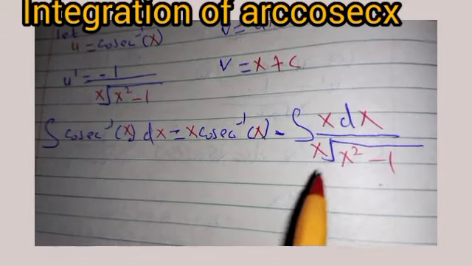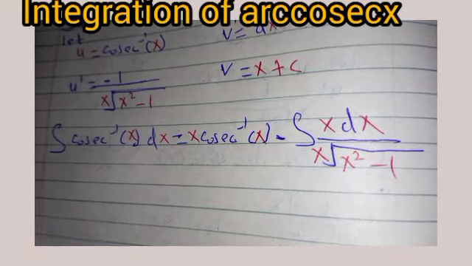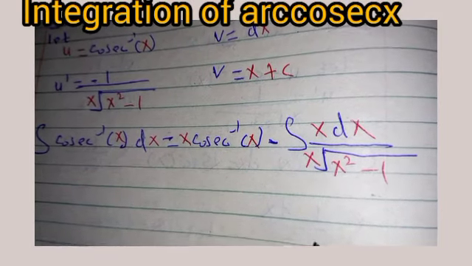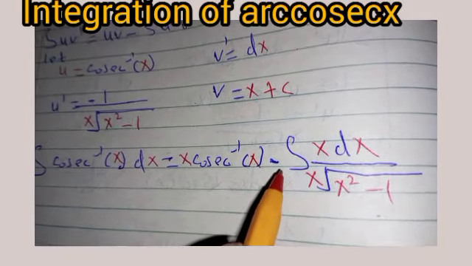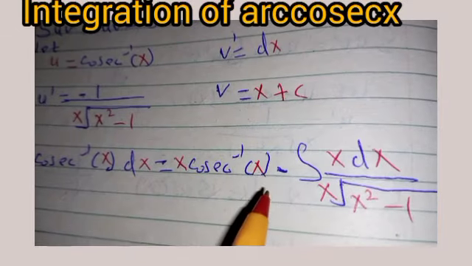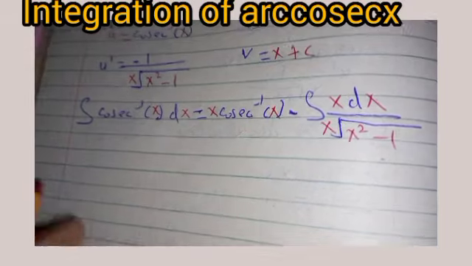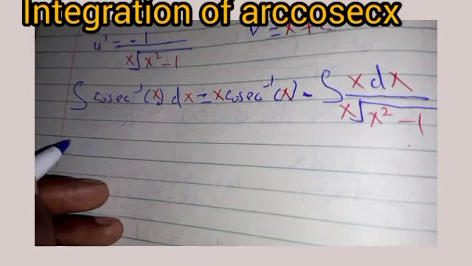Clearly, you can see that in this part, x and x are going to cancel out. Then we are going to have the following. So we want to see now how we integrate.